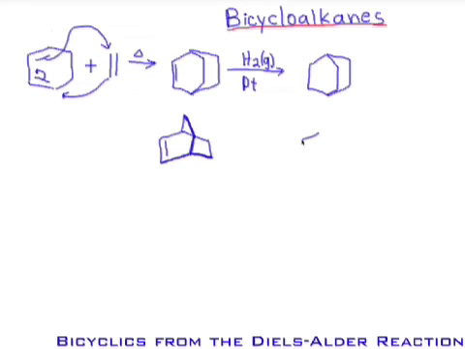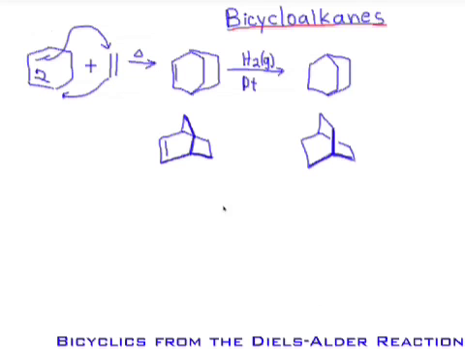Or again, the edge on view would look something like this. There we go. So you get an idea of what a bicycloalkane looks like.